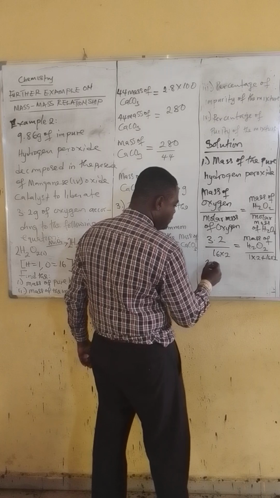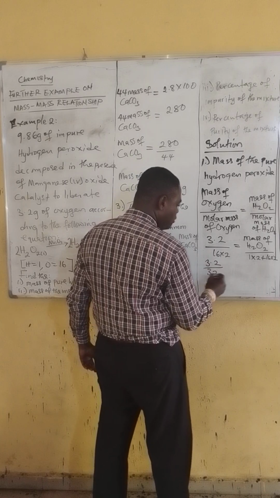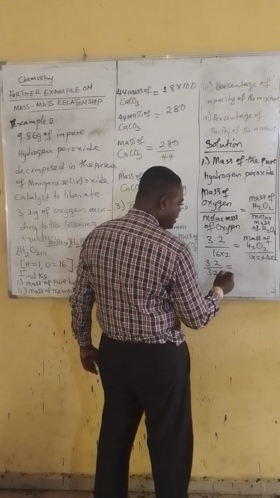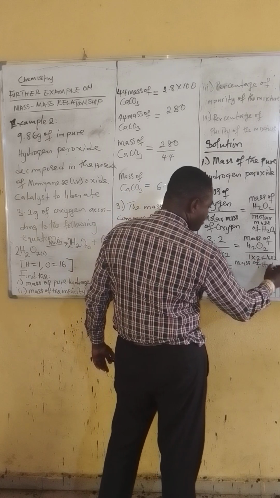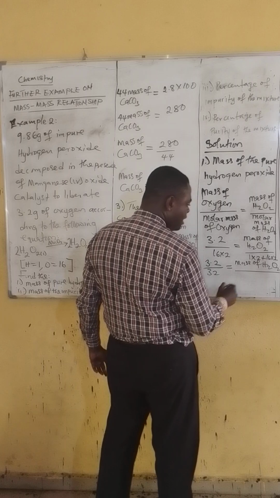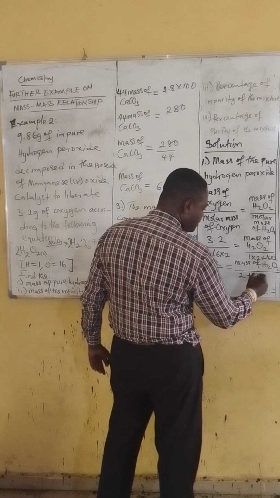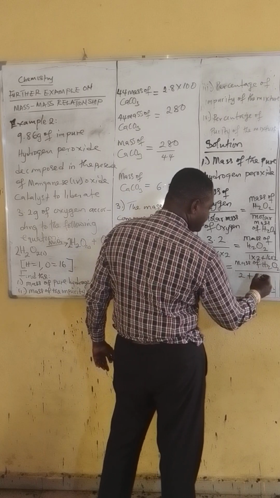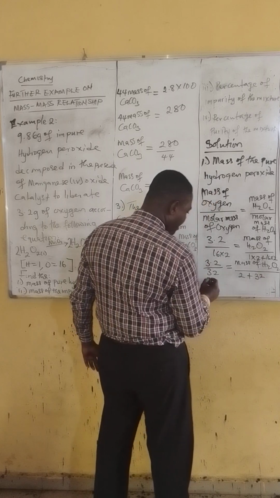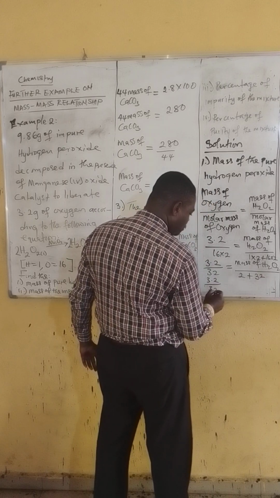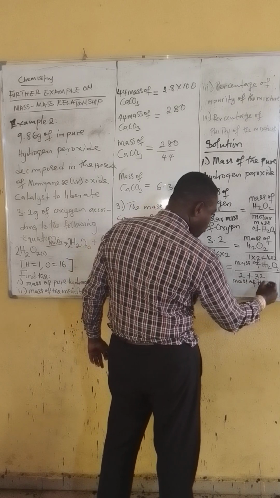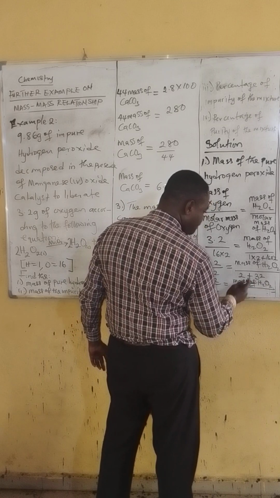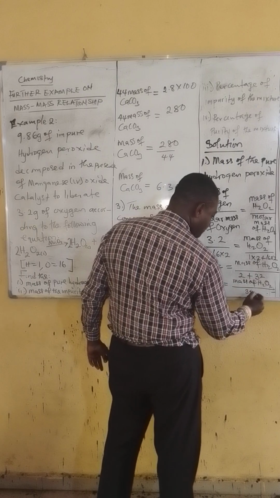So we have 3.2 over 32, 16 times 2 is 32, equal to mass of H2O2 over 2 plus 32, that's 34.